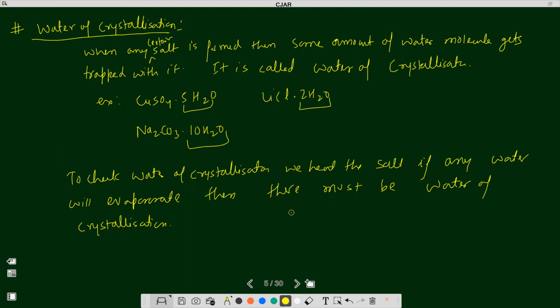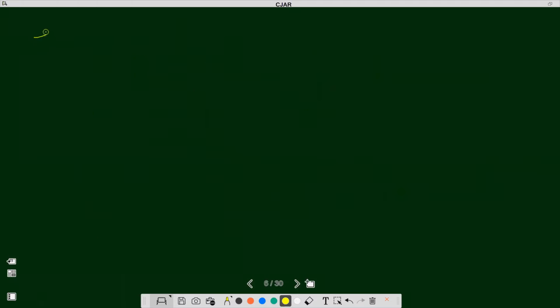Now we have to learn the common names of all the salts. Washing soda is Na2CO3.10H2O. You have to learn all these formulas. Epsom salt is MgSO4.7H2O.